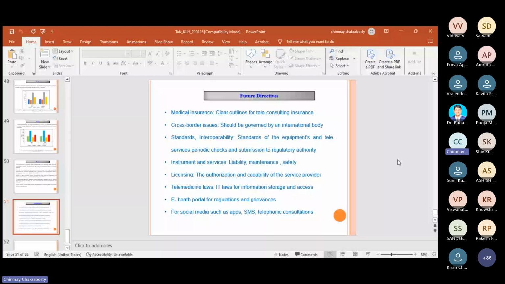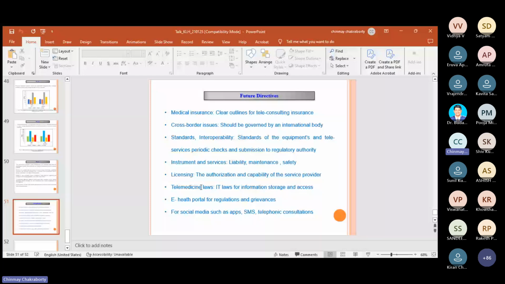Next, international standards and interoperability: standards of the equipment and teleservices, periodic checks, and submission to the regulatory authorities. Next, instruments and services, like liability, maintenance and safety, licensing, authorization and capability of the service provider, telemedicine laws, and IT laws on information storage and access.